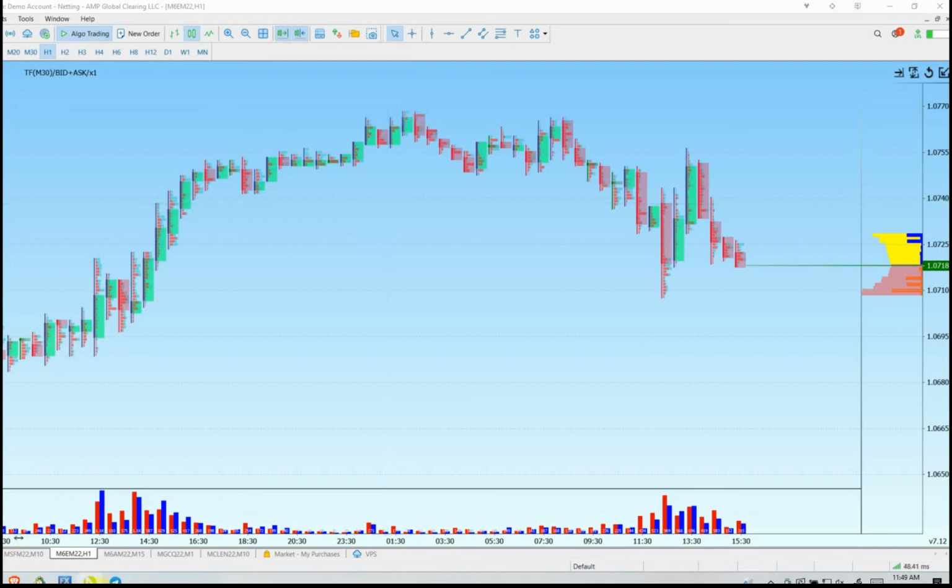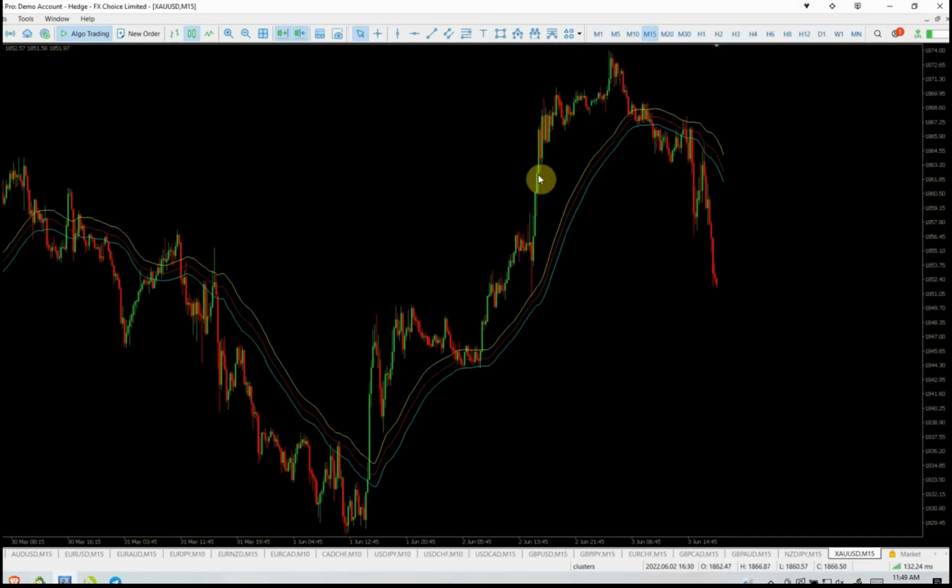So when you see a regular candle, you're seeing it go up and down, but you don't really know what the order flow is inside each one of these candles. So clusters attempt to use volume and order flow to tell you what's really happening inside each one of these candles, which you don't get just looking at a candlestick chart.